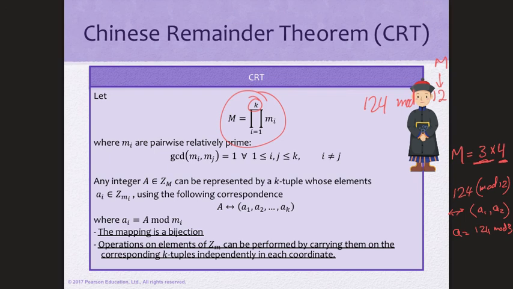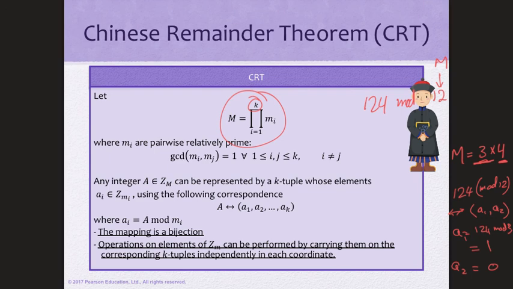What's the remainder of dividing 124 by 3? The remainder here is going to be equal to 1. This is the A1. And the A2 is 124 divided by 4, and the A2 is going to be equal to 0, because the remainder of 124 divided by 4 is equal to 0.